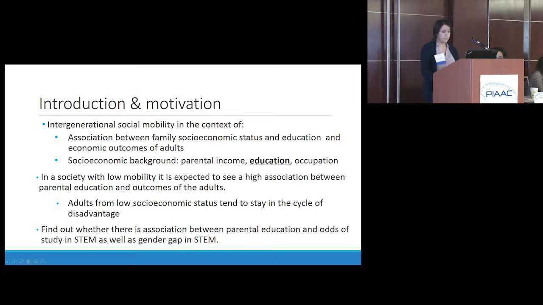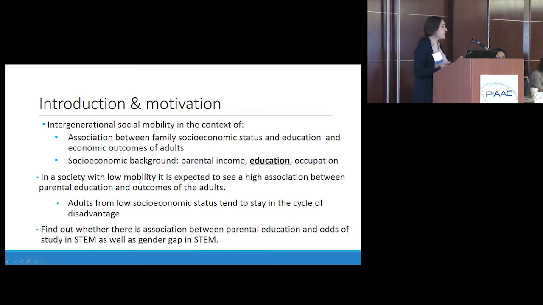Just to give a motivation, this association is important because in societies with low mobility, it's expected to see a very high association between parental and child outcomes. So considering adults from low socioeconomic status, children coming from families with low socioeconomic status tend to stay in the cycle of disadvantage.